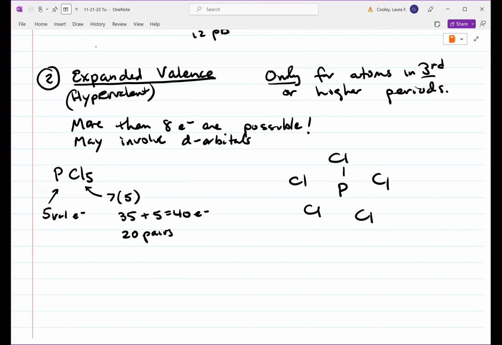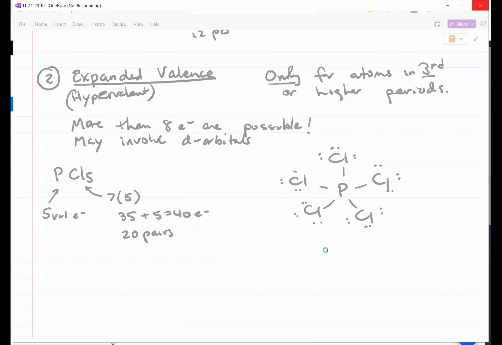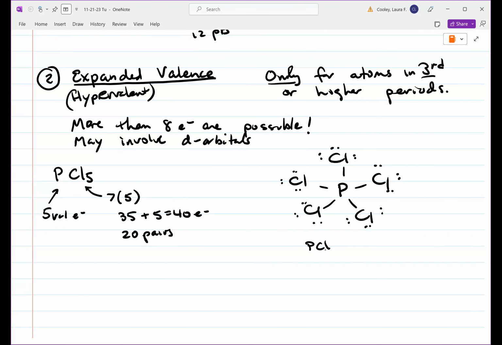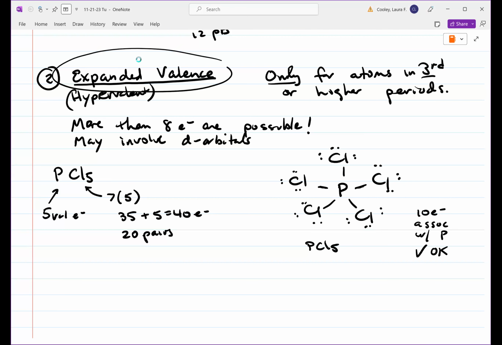You make 1, 2, 3, 4, 5 single bonds, 6, 7, 8, 9, 10, 11, 12, 13, 14, 15, 16, 17, 18, 19, 20, okay? That is the Lewis structure for PCl5. And if you count them, each one of these bonds has 2 electrons. That's really 10 electrons associated with the P, and that's okay with expanded valence.